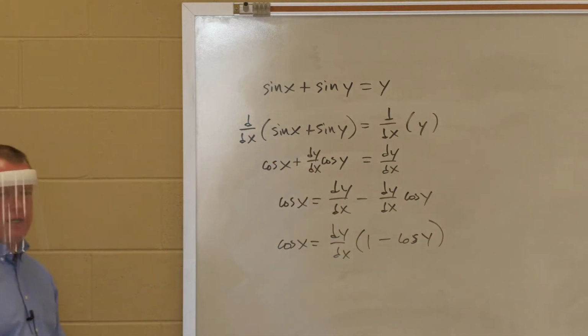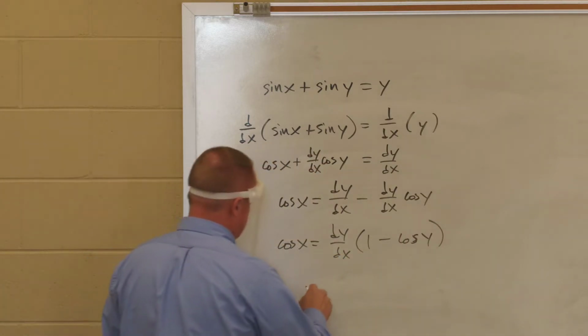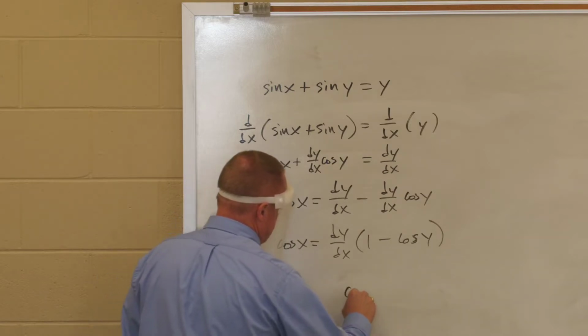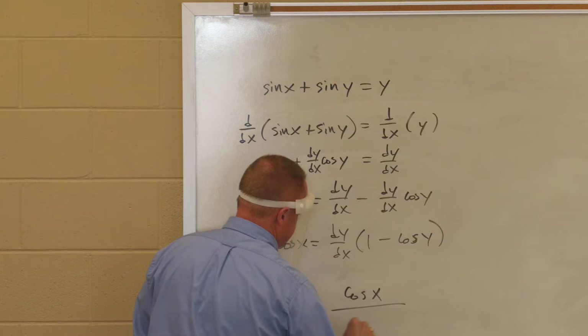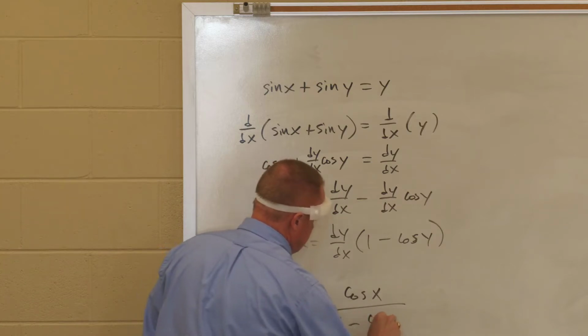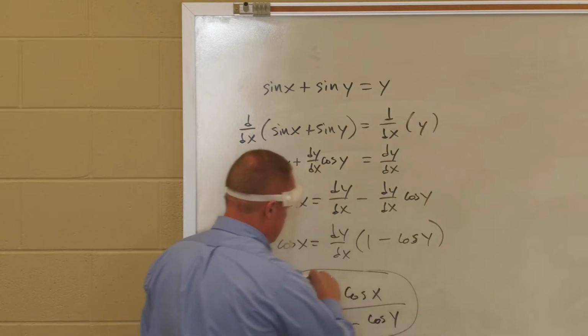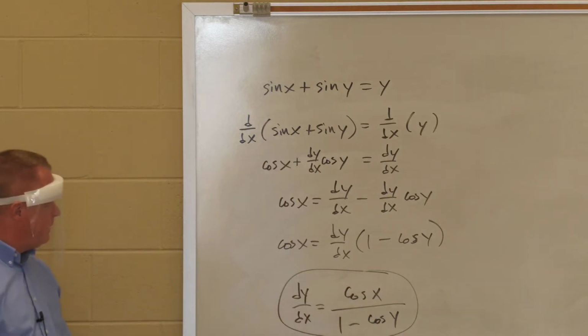And then divide both sides by 1 minus cosine y. So dy dx is equal to cosine of x divided by 1 minus cosine y. All right, questions about that one?